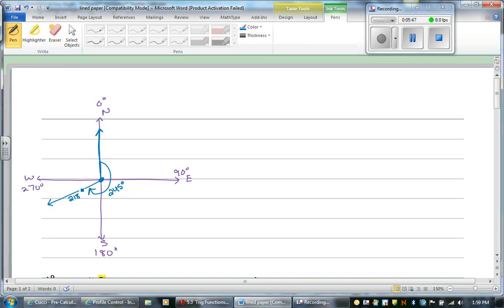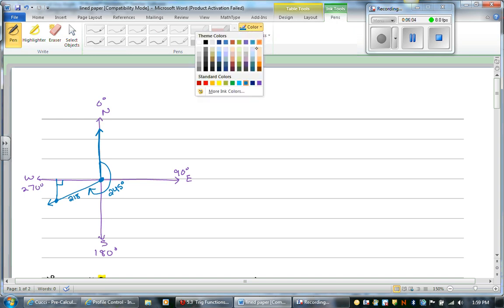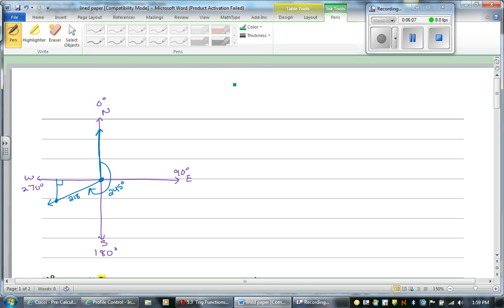Let's say the plane stops here. We can create a right triangle with that x-axis. If this is 245, and we know that this is 270, I can very easily find this angle. Quick and easy here, 245 to 270 is going to be 25 degrees.